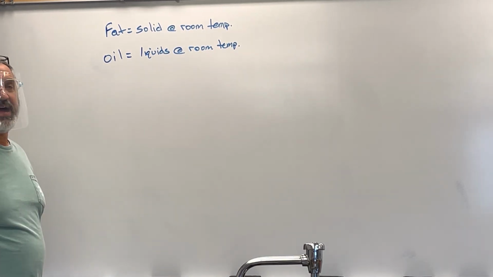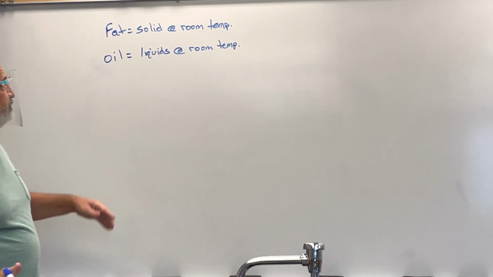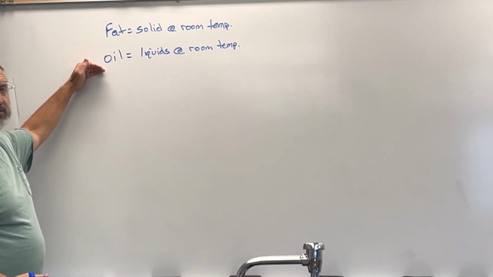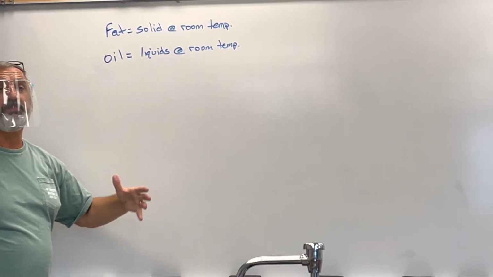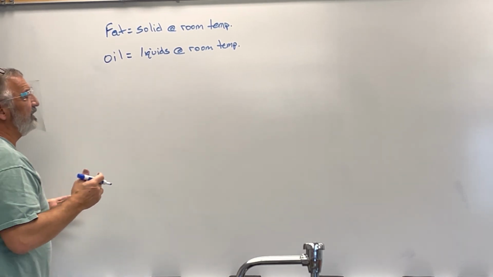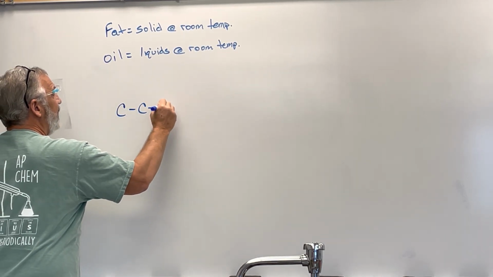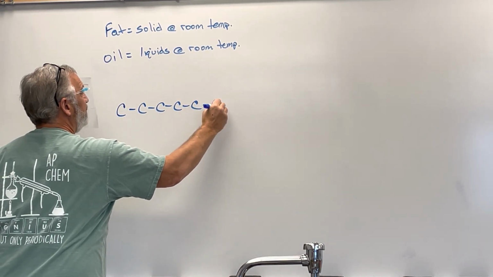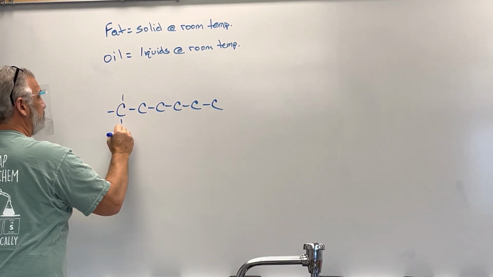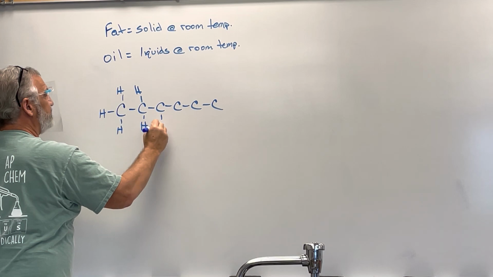A fat is a solid, an oil is a liquid. They're both long hydrocarbon chains. Now, one of the problems is we have saturated fats, and so when we have a long hydrocarbon chain, it's going to look like this.